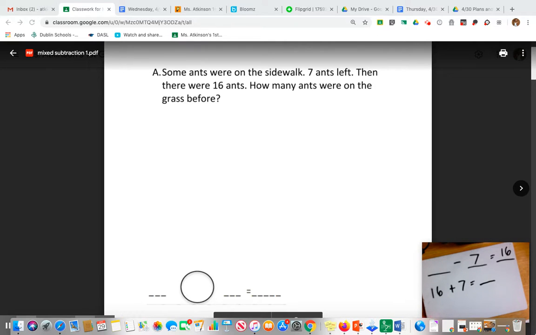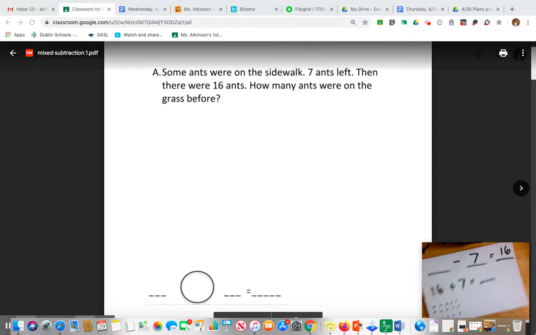So if I need help solving 16 plus 7, I could do dots like a 10 frame. So 1, 2, 3, 4, 5, 6, 7, 8, 9, 10, 11, 12, 13, 14, 15, 16.